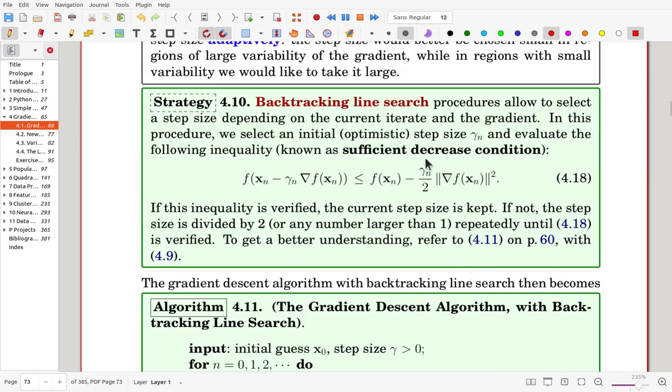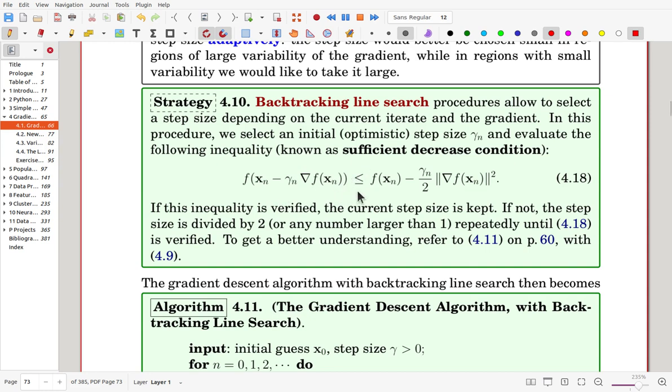For each nth iteration, we start with gamma n, and at the moment we know this value and that value. Along with choices of gamma n, we have to organize this right term and evaluate this left-hand side. That is a major cost. And once this inequality is satisfied, then we choose gamma n.